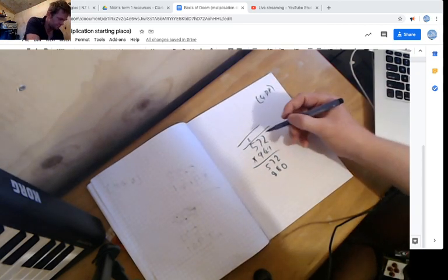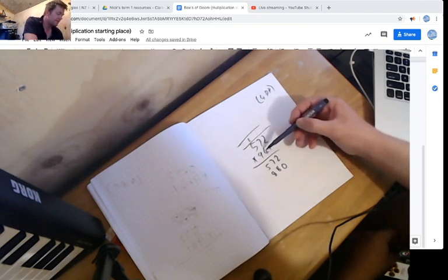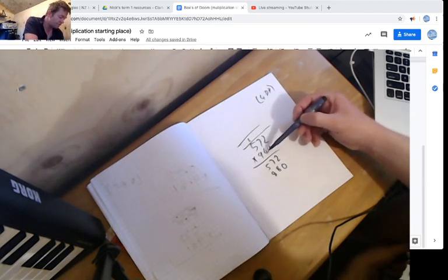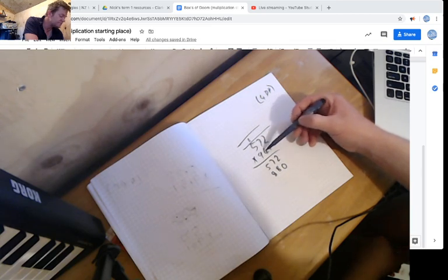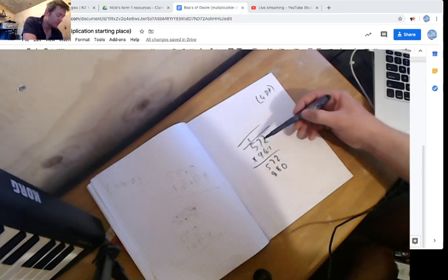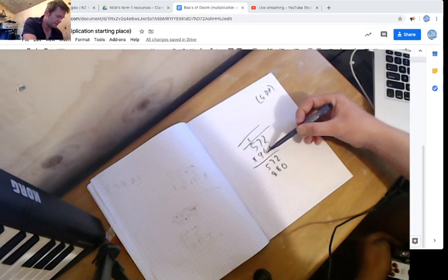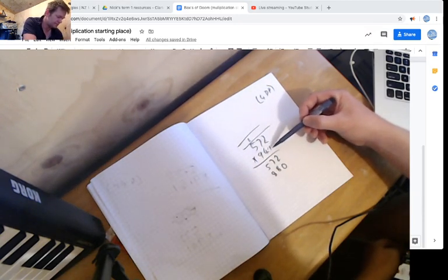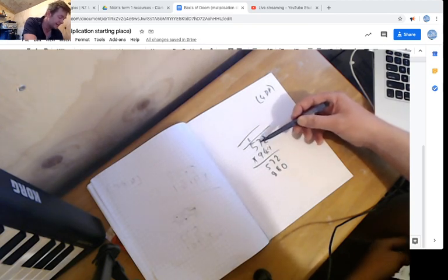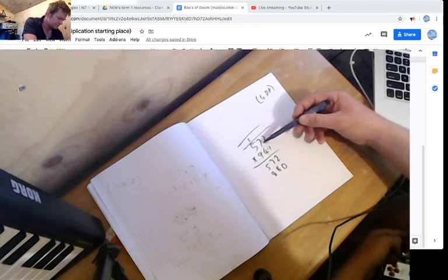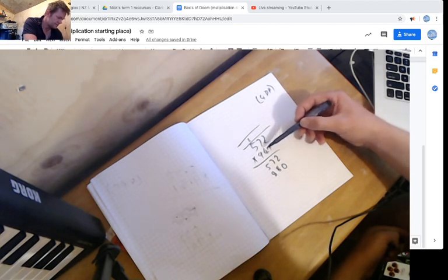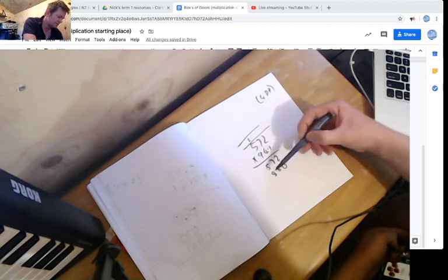Then my next one, 4 times 5 is 20. So first I've got to do this. I've got to slow down here because I'm going too fast. So that was 28. This one was 8. This one's 28. I put that there.